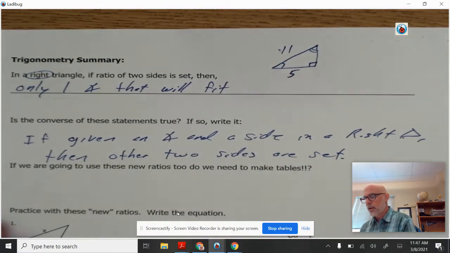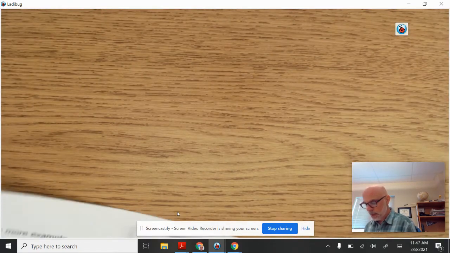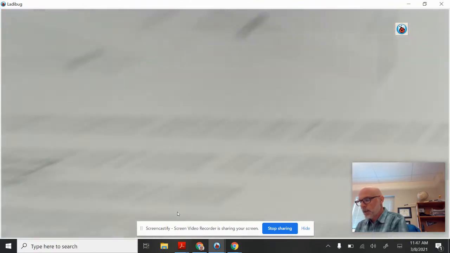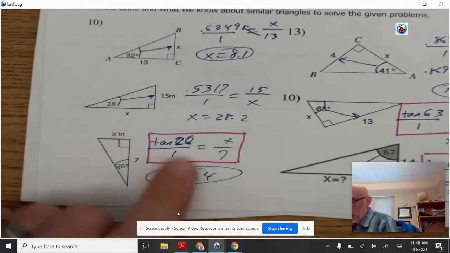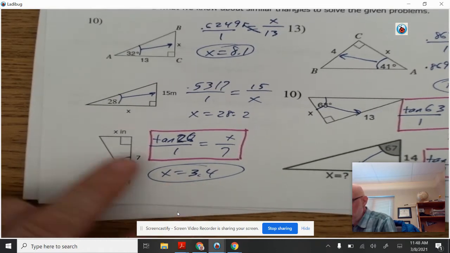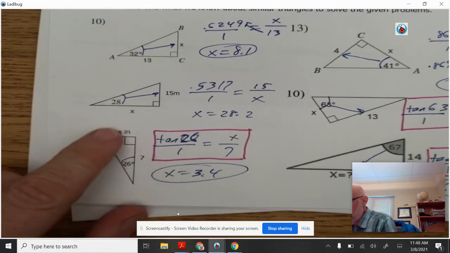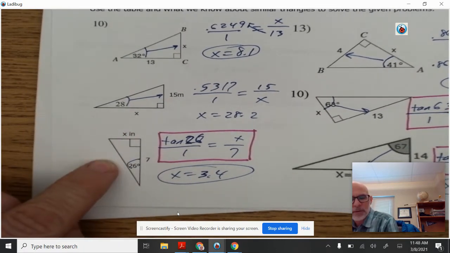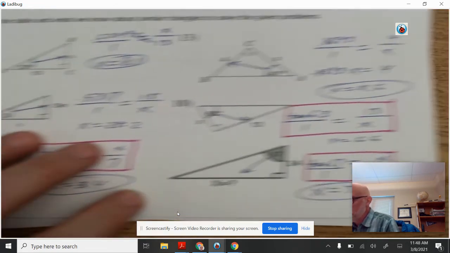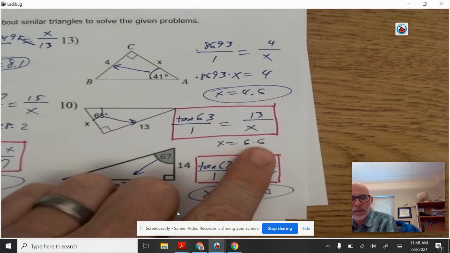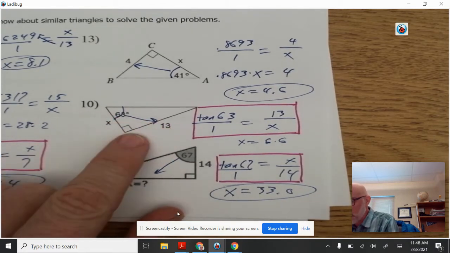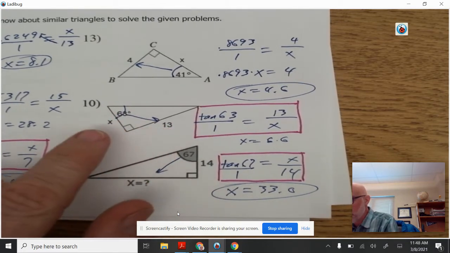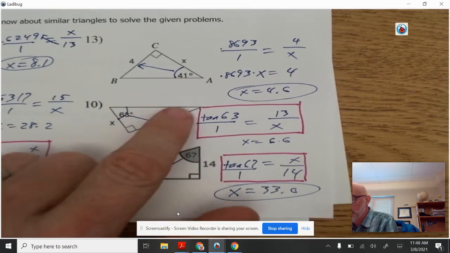Right? As a matter of fact, if you go back and think about it, at the very beginning, when we were doing these and you were using tangent, once we found x as being 3.4, we could have done the Pythagorean theorem to find the hypotenuse on every one of these problems. So like we said, if you know an angle and you know a side in a right triangle, you automatically can find both other sides and the other angle.